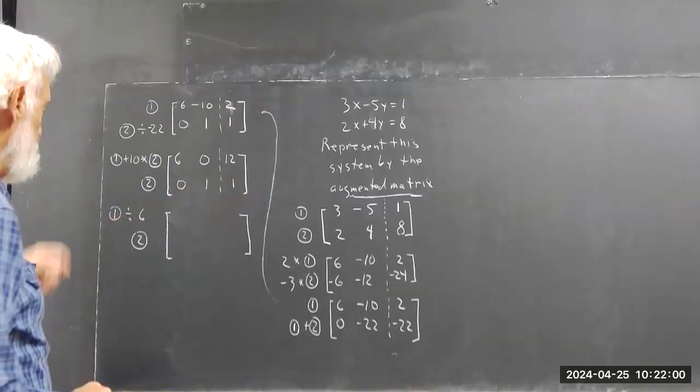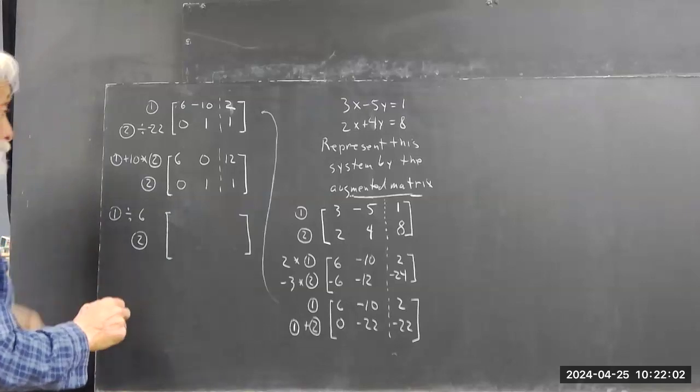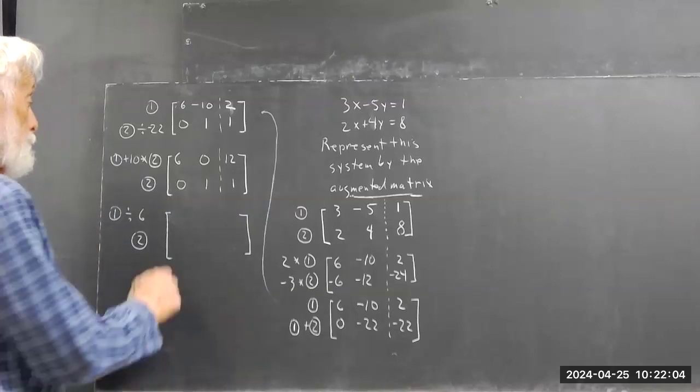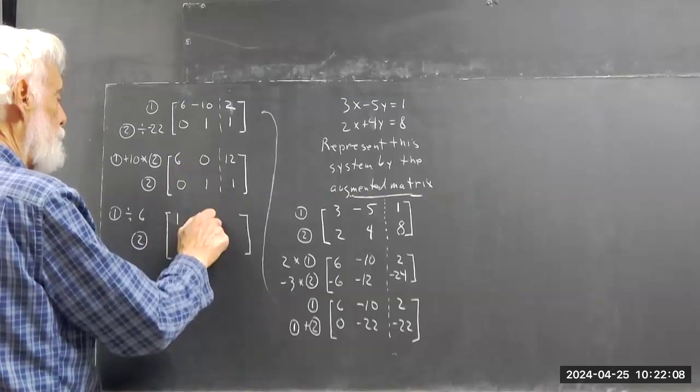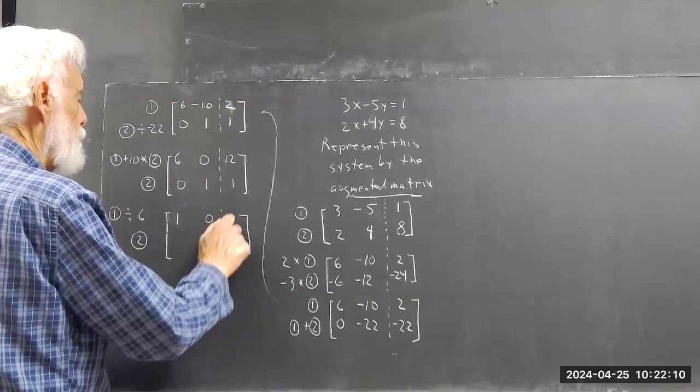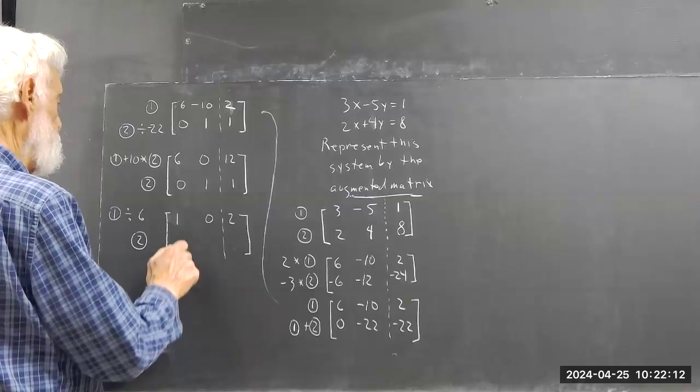Then we divide row 1 by 6, and write down row 2, and we're finished. 6 divided by 6 is 1. 0 divided by 1 is 0. 12 divided by 1 is 2.